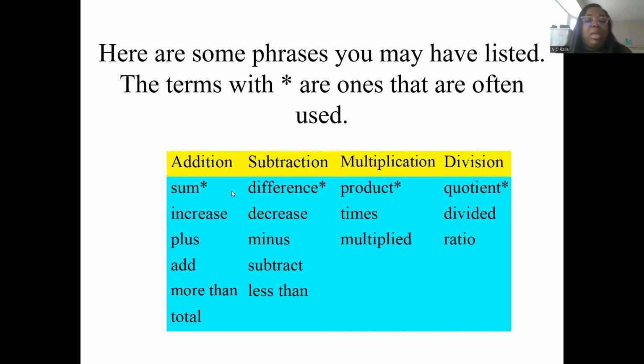You'll see sum, difference, product, and quotient. They are what they are: addition, subtraction, multiplication, and division. But some of these will make you use parentheses. We'll dig into that in a little bit after we do some practice.